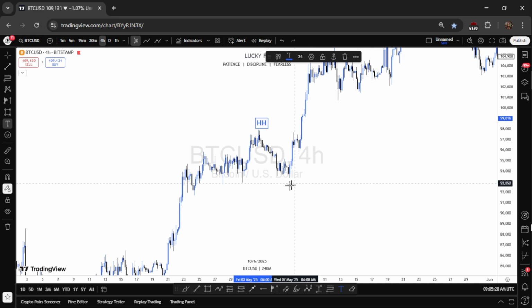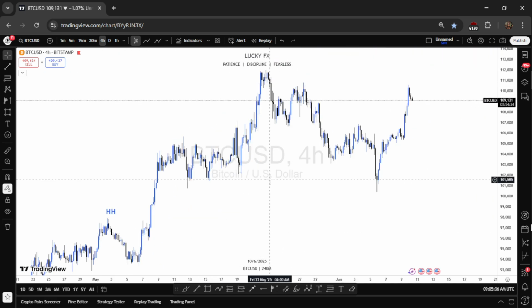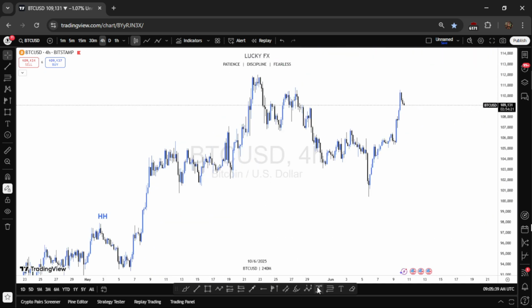Higher high, giving us a higher low, continuously giving us a high, creating a low for us right now.